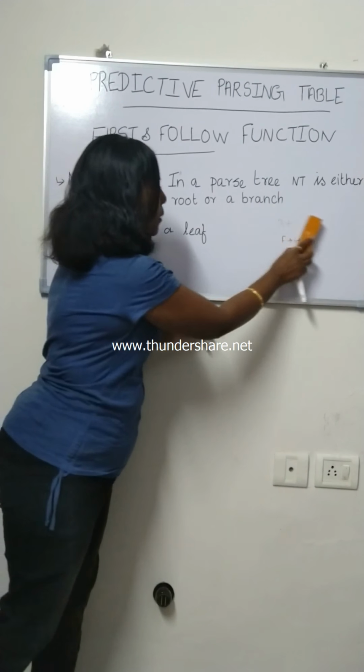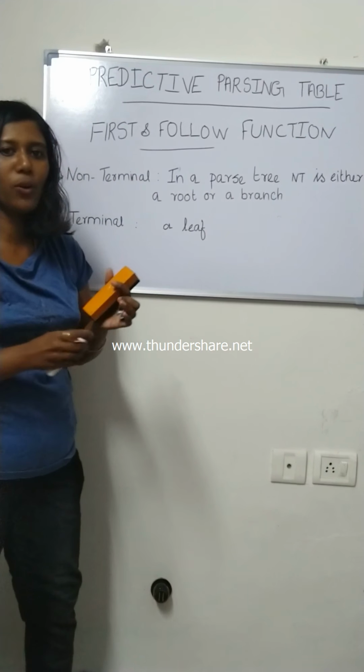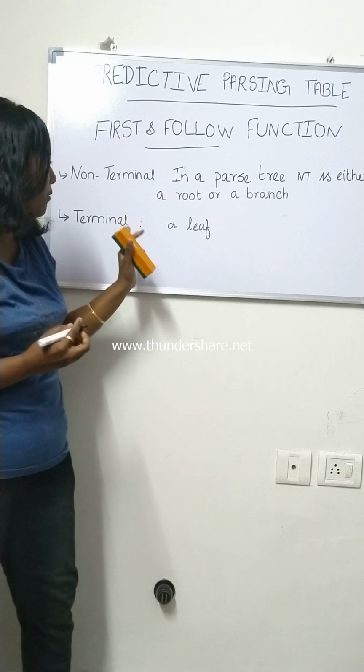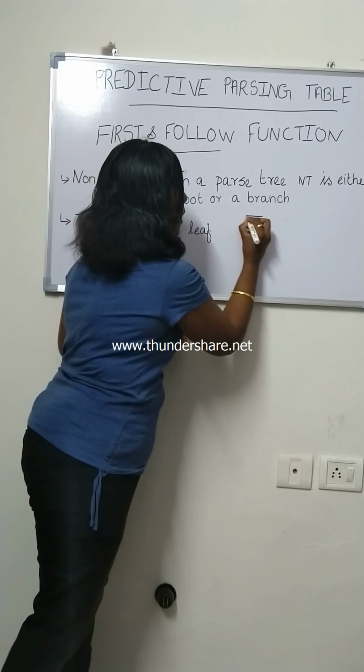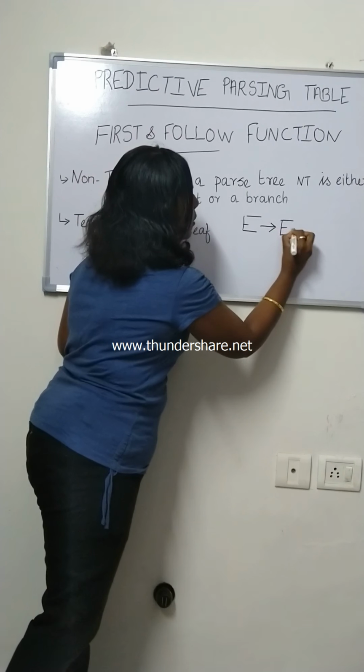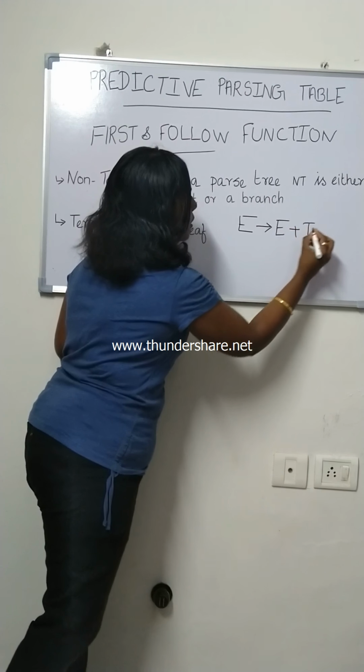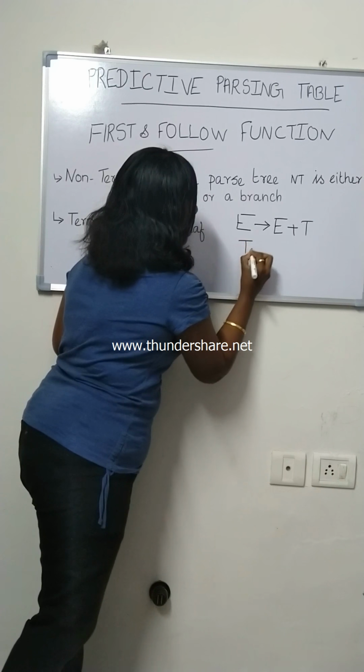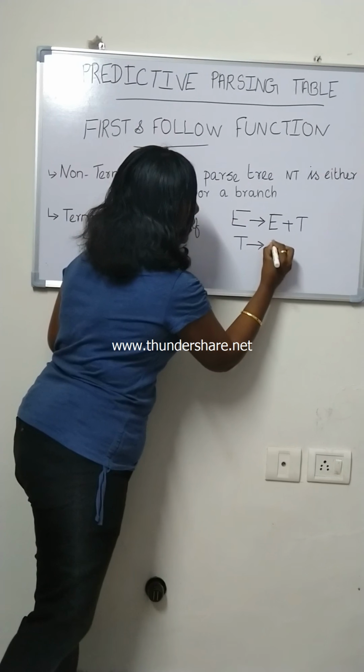Now I am going to write a production, and from this we are going to find which one is non-terminal and which is terminal. Suppose my production is E derives E plus T and T derives ID.